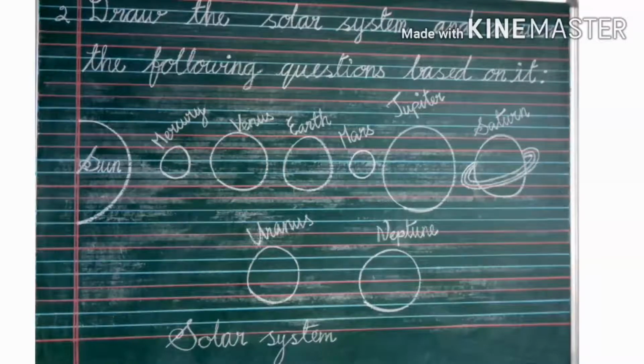And the last planet, which means 8th planet, is Neptune. Right, children? Yes. So draw the 8 planets of the solar system in your classwork without spelling mistake.